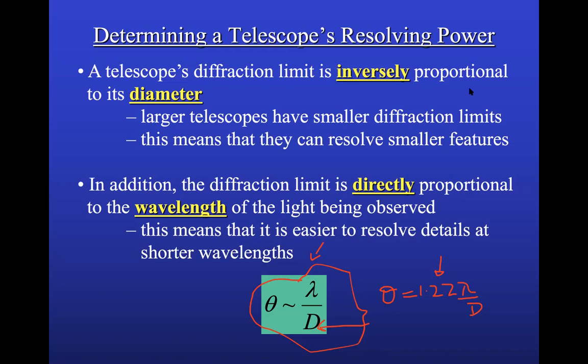If you need to find the diffraction limit of some telescope, let me see whether I can share a particular screen with you. Right, so I guess you can see my telescope.